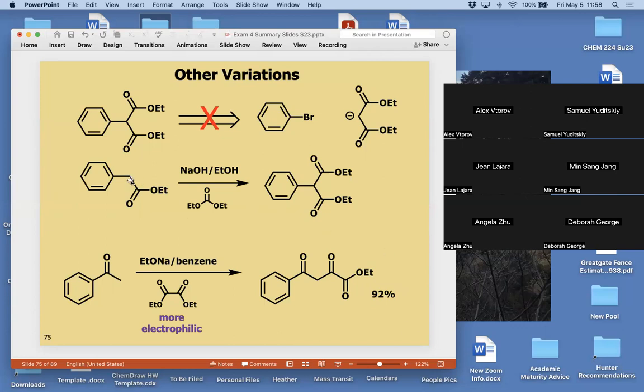You can take an ester and make a diester for whatever use you want, using things like diethyl carbonate. Use diethyl oxalate, and now we're getting a much more fancy cluster of functional groups.